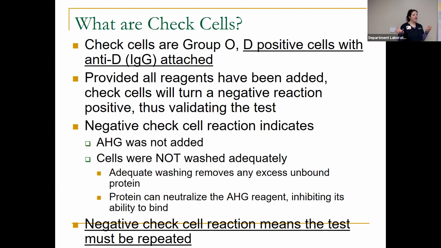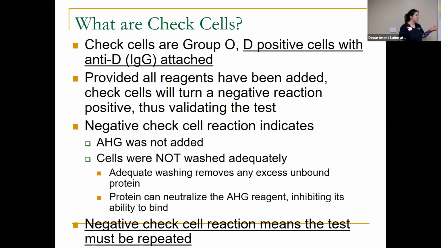What's in our anti-human globulin reagent? IgG. So you have IgG in our anti-human globulin reagent, okay? If that anti-human globulin reagent is negative, you're saying there's no antibody coating patient cells, and all of that AHG reagent remains unbound.